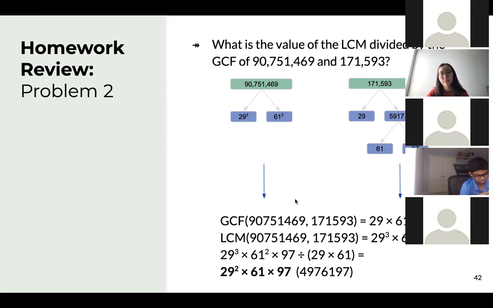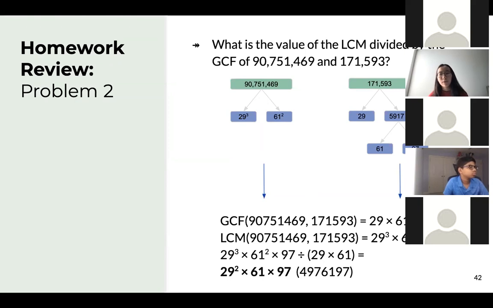Then the question asks us for the value of the LCM divided by the GCF. You can see our equation down there at the bottom. And so the answer to this problem is 4,976,197. But this problem is a bit weird because the numbers are kind of ridiculously large, so don't worry too much about it.